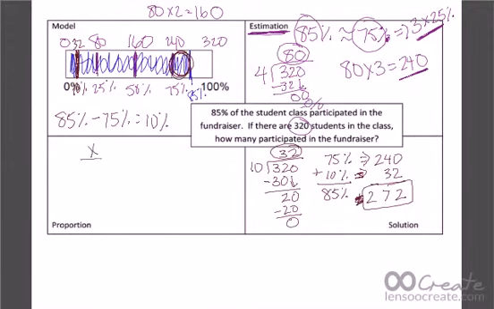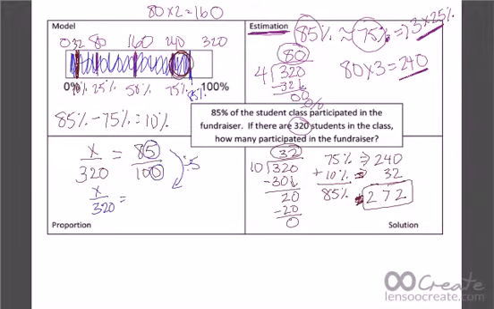So x over 320 students is equal to 85% over 100. All right. Now, what I notice about this is I can't really go between 320 and 100. But 85 ends in a 5 and 100 ends in a 0. So I can simplify both sides by 5.